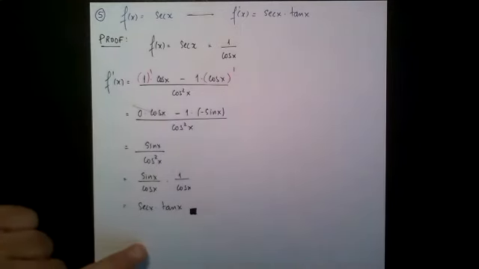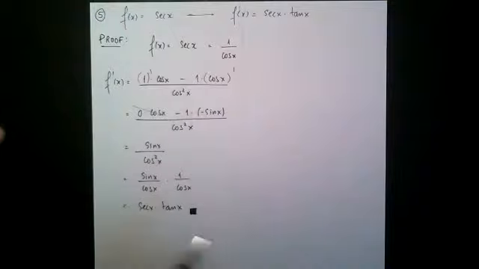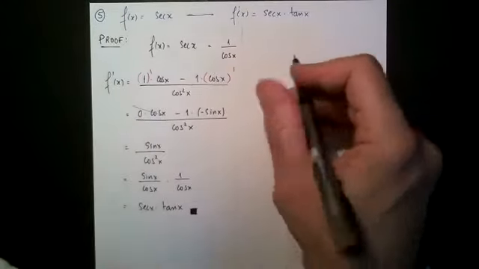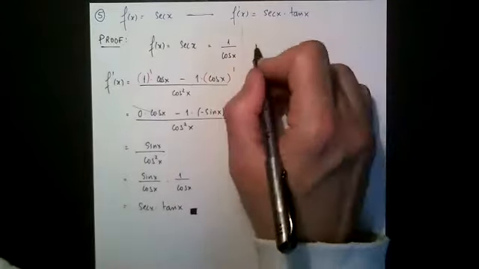So let's say I wanted to use the chain rule. I'm going to separate the page in two and do it on this side. So this is also equal to cos of x to the power of minus 1.